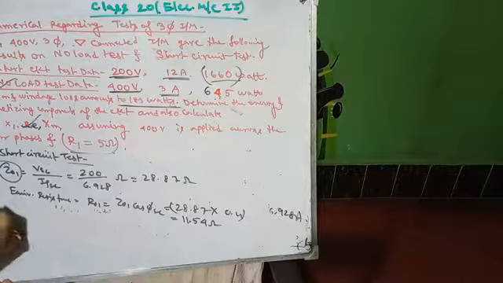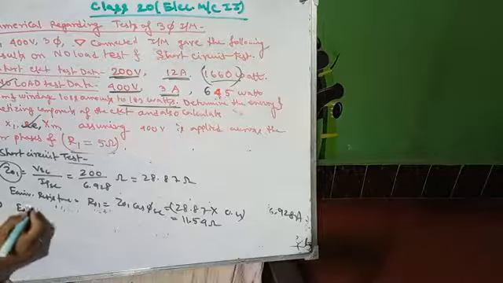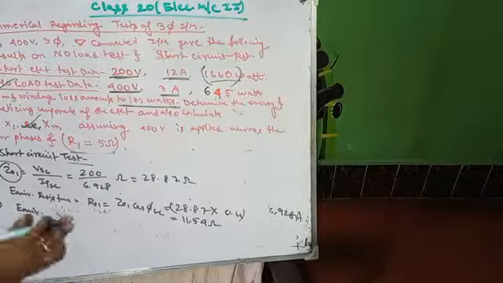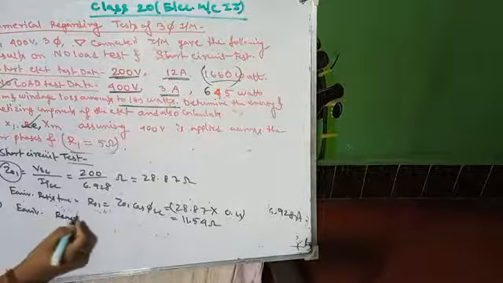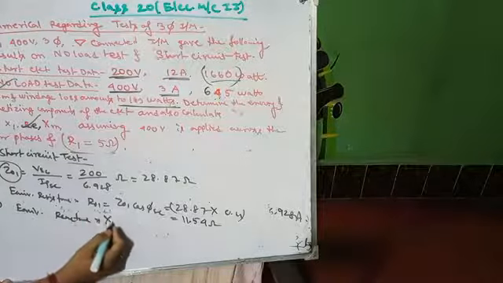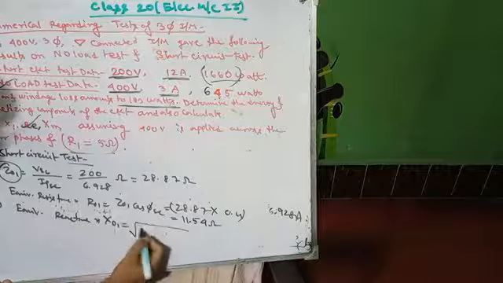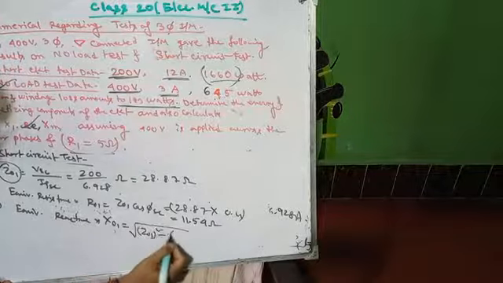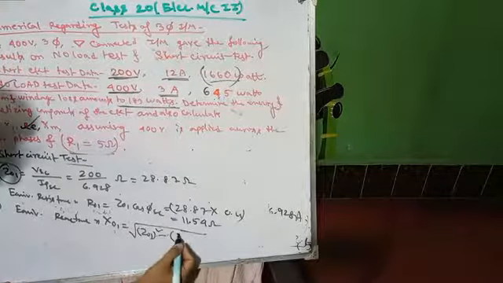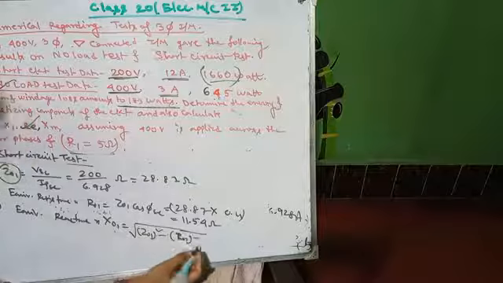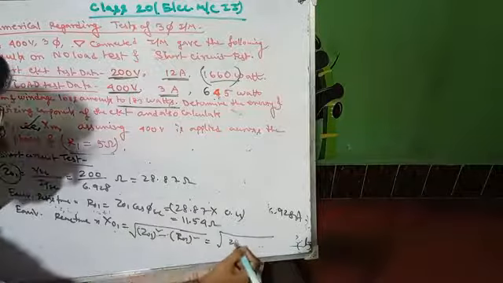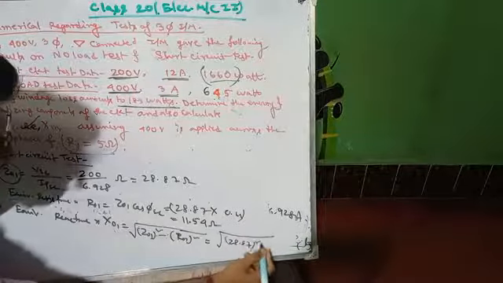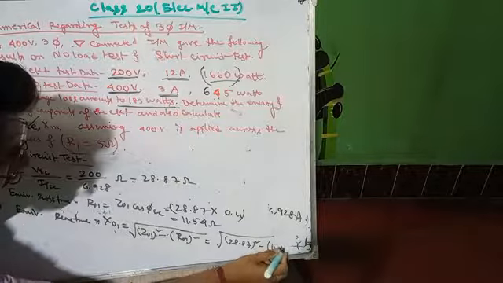And now fourth one, equivalent reactance. X_01 equals root over of Z_01 square minus R_01 whole square. So that will be 28.87 whole square minus 11.54 whole square.